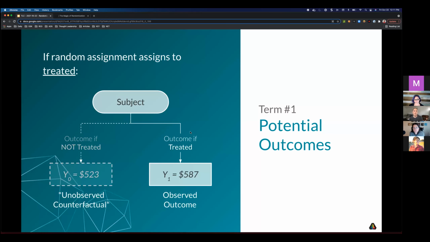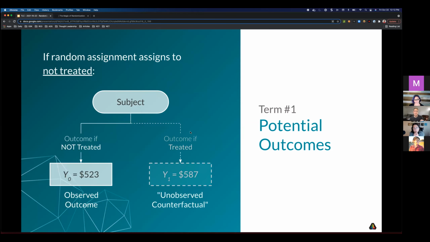So as an example, if this specific subject was randomly assigned to treatment, then what we would observe is Y sub 1 as our outcome. So the treated potential outcome of $587 is observed. And now that potential untreated outcome of Y sub 0 is our unobserved counterfactual.